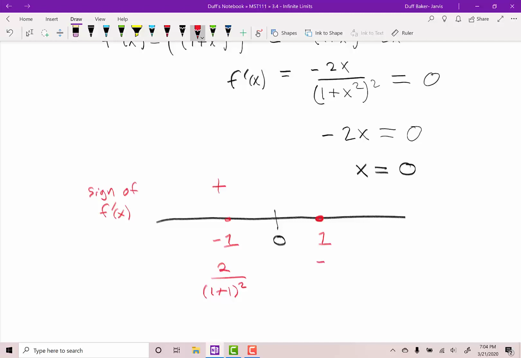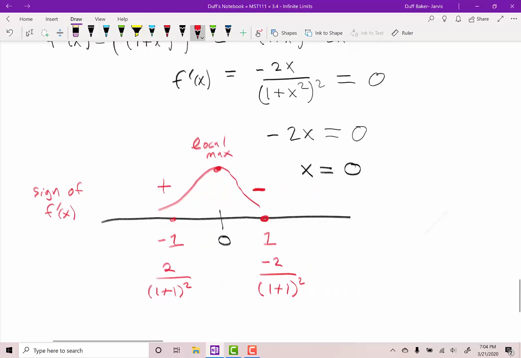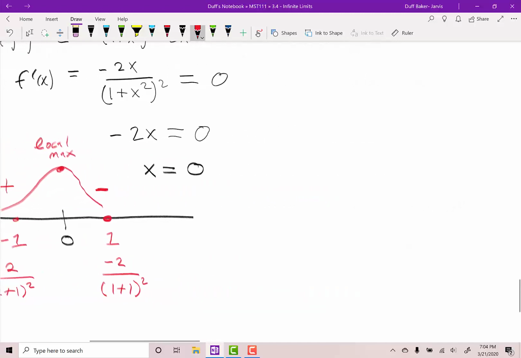On the right, this will be minus 2 over (1 plus 1 squared) squared. That's a negative number. And if you think about it, what this means is that the function was increasing here, and then it was decreasing here. So at 0, there was a local max.